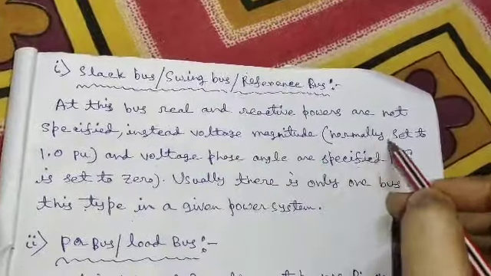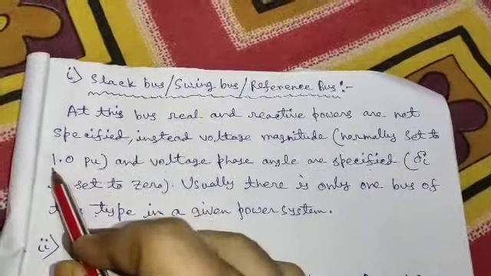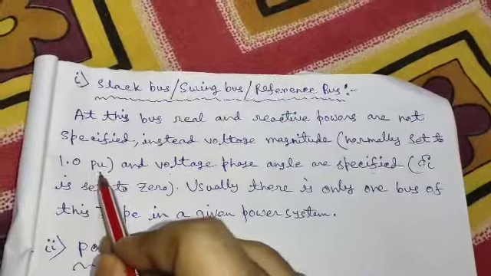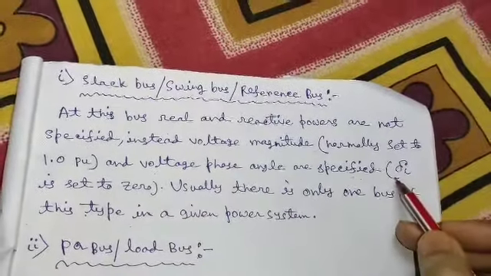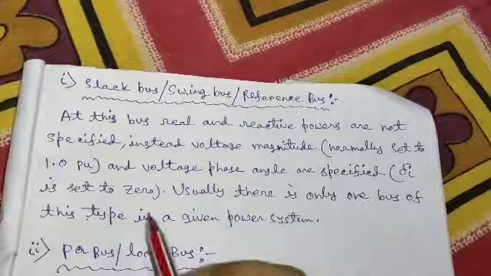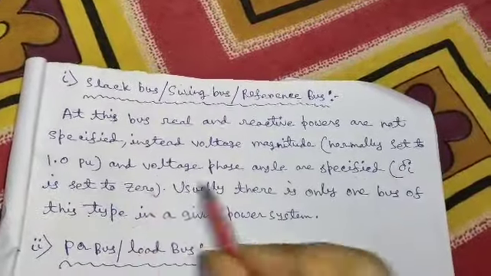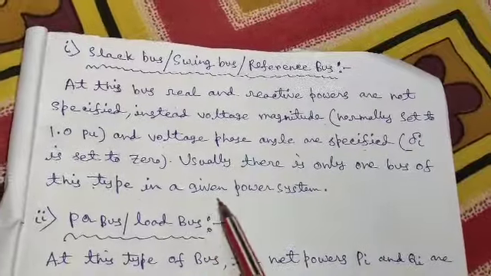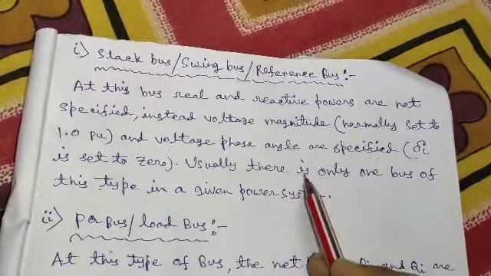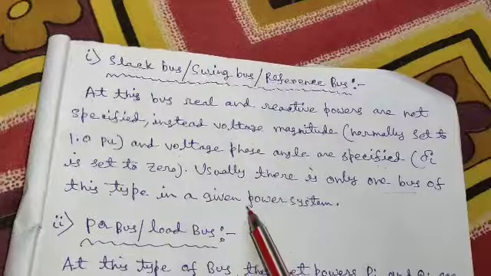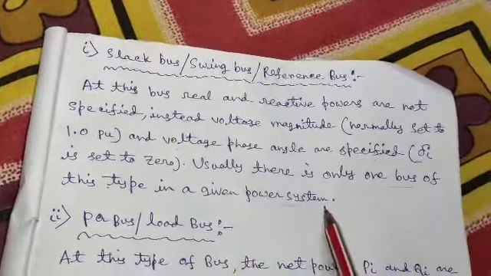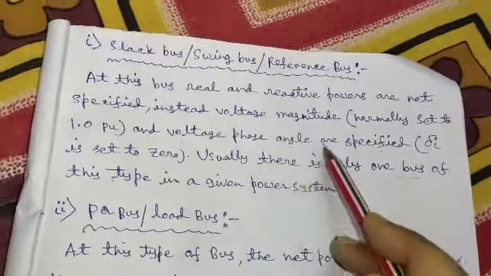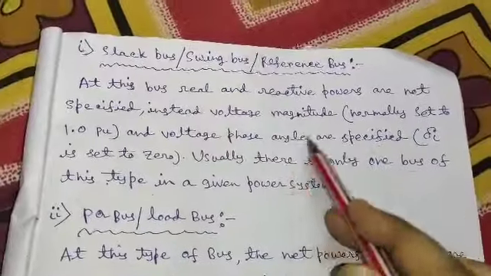The voltage magnitude is set to 1 per unit, and the voltage phase angle delta i is set to 0. Only one bus of this type is available in a given power system. So these are the fundamentals of the slack bus.